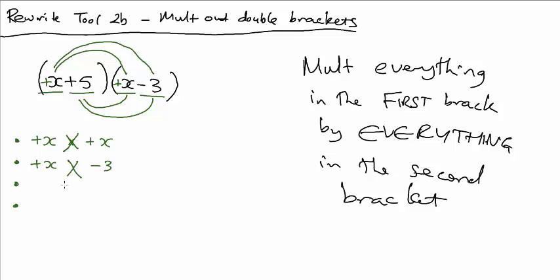Then I've got plus 5 times a plus x. And finally, I've got a plus 5 multiplied by a minus 3. This is pretty simple, hopefully by now. Plus times plus, our answer is going to be positive. Plus times minus, this one's going to be negative. Plus times plus is going to be plus. Plus times a negative thing.